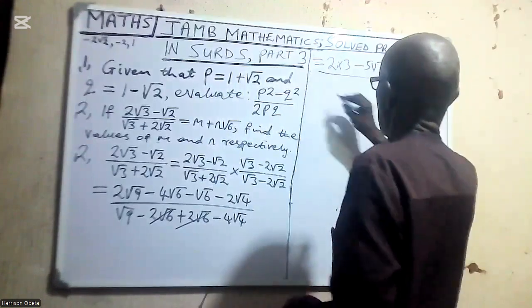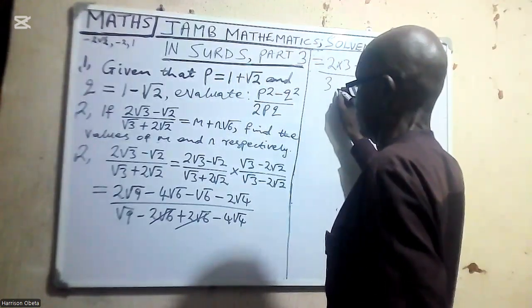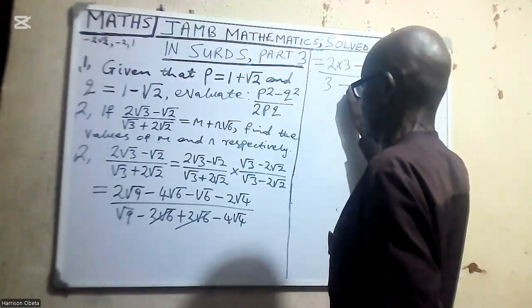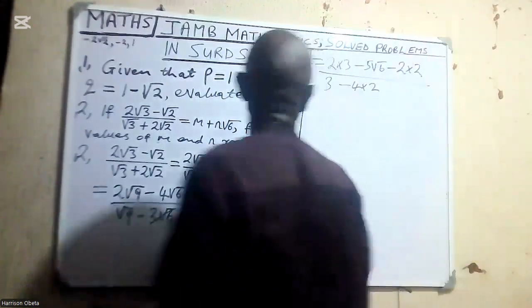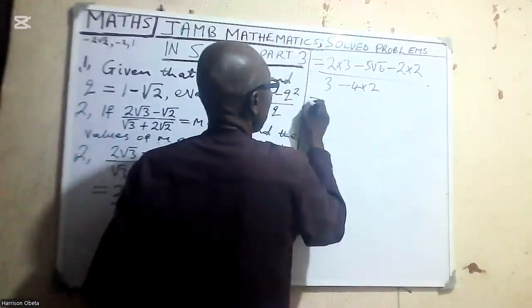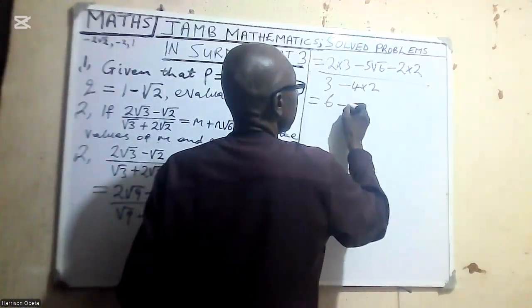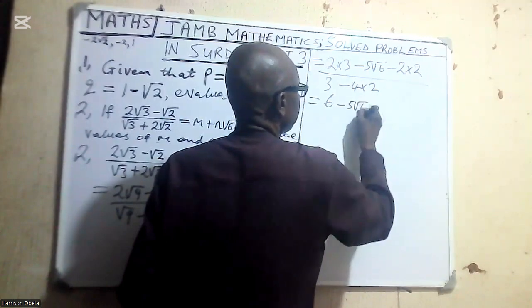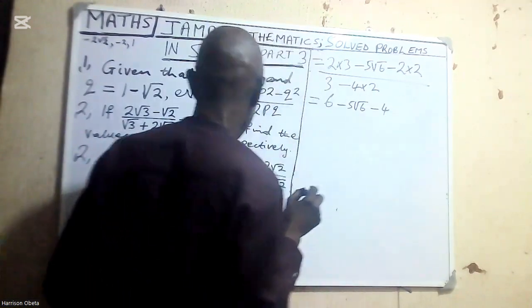Then denominator now we have 3 minus 4 times 2. And then moving forward, we have 6 for this, minus 5 root 6, minus 4.